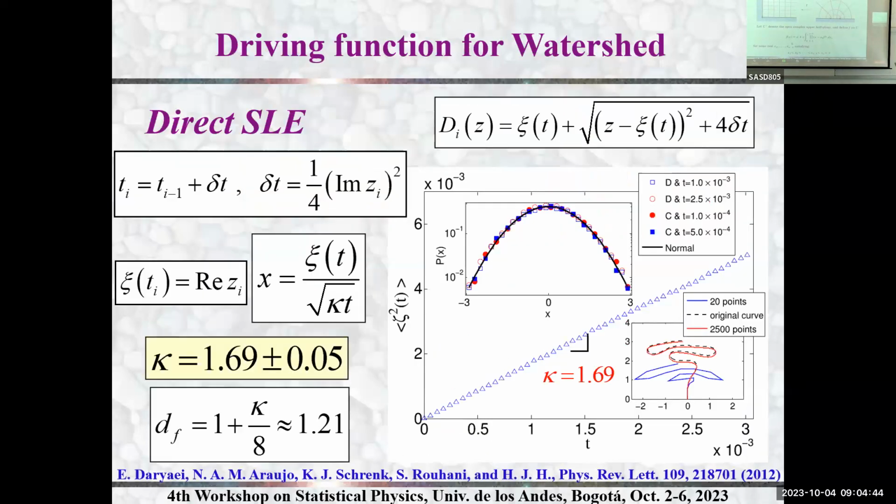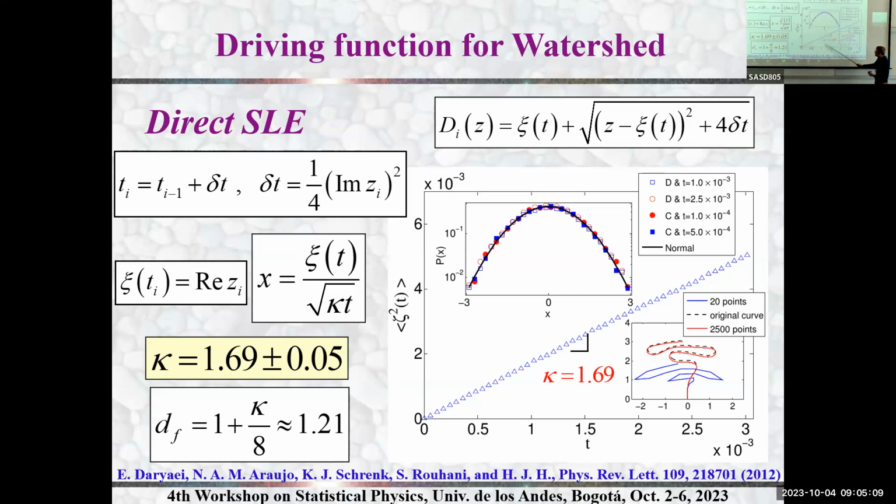Yeah? And so after you've done this, now you can check what I said. You can now plot this displacement squared as a function of time, and you obtain a beautiful straight line with a slope which corresponds to the diffusion constant, and which gives you a kappa of 1.69, for instance.